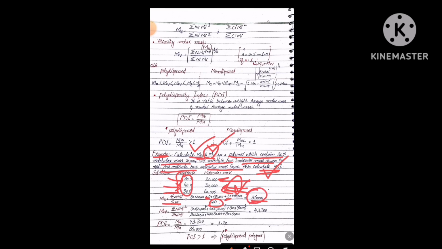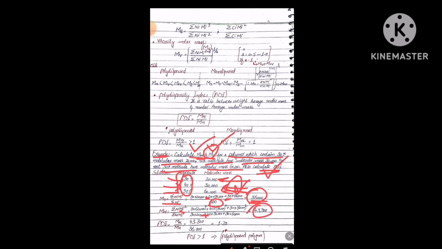Now Mw. The formula of Mw is the sum of Ni Mi squared divided by the sum of Ni Mi. Mi squared means molar mass squared. 30 into 20,000 squared plus 40 into 30,000 squared plus 30 into 60,000 squared, divided by 30 into 20,000 plus 40 into 30,000 plus 30 into 60,000. The overall result is 43,300.